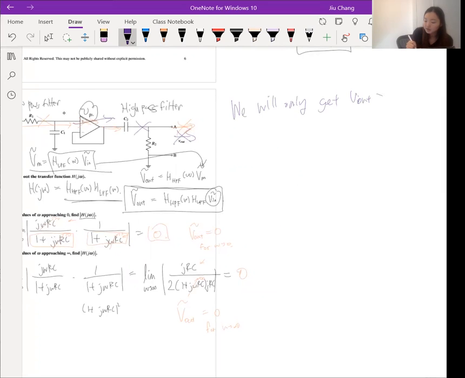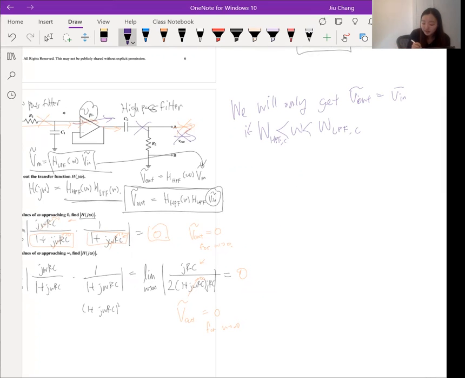That means we will only get V out, which is almost equal to V in, if our frequency is less than the low pass filter cutoff frequency and greater than our high pass filter cutoff frequency.